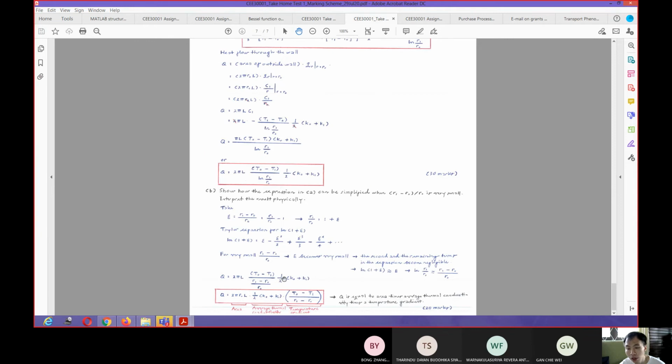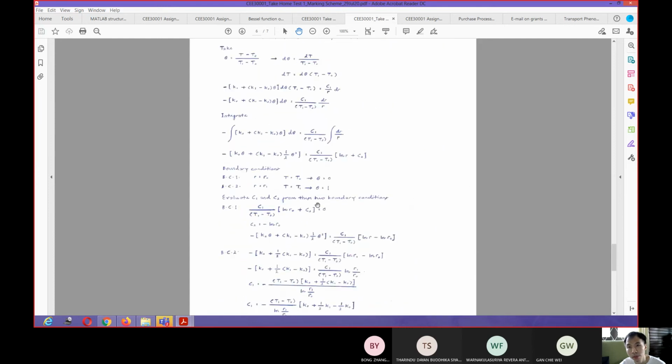So it's very important that you interpret the result physically. So I want you to show that basically Q is equal to the area multiplied by the average thermal conductivity multiplied by the temperature gradient. Okay, so it's very important that you put this thing. If you don't interpret the result physically, then you will not get the full marks for that particular problem.